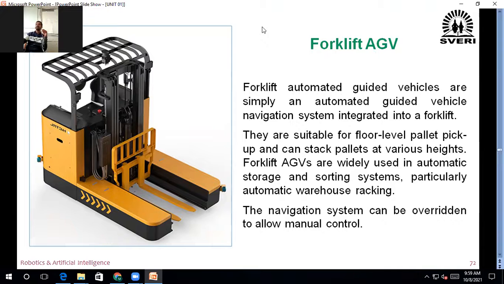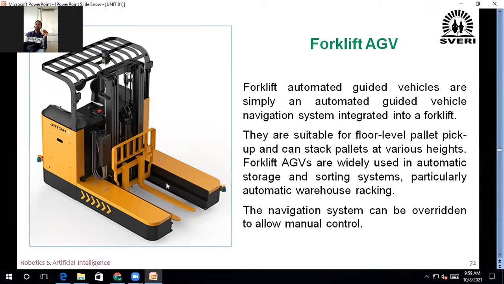Forklift automatic guided vehicles are simply an automatic guided vehicle navigation system integrated into a forklift. Means in that there is one navigation system fitted inside that forklift to move that weight from one place to another place. It is a vehicle used for load carrying from one place to another place.